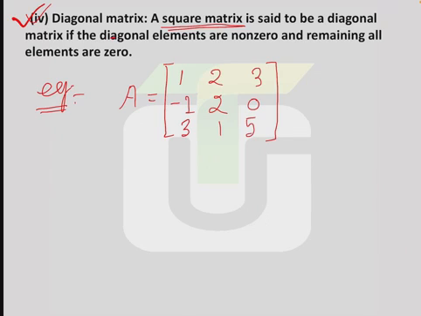So here, according to the definition, diagonal elements are non-zero, correct? So here, which is the diagonal element? This one is diagonal, right? This is diagonal and this is also a diagonal, right? This one and this one diagonal. And the elements on the diagonal are called diagonal elements, correct?